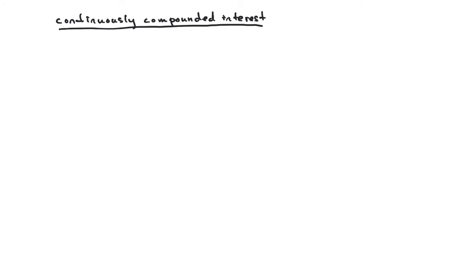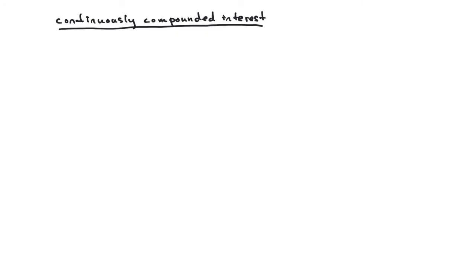Compounded interest means that periodically you receive interest on an investment, and then once you receive interest on the investment, you'll also receive interest on that interest. So the idea of continuously compounded interest is that you get your interest compounded continuously. You receive interest immediately at a certain rate, and then that interest gets interest. So it's almost like you're receiving interest at every instant of time.